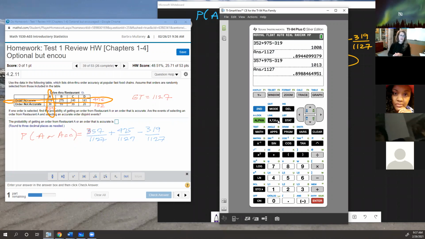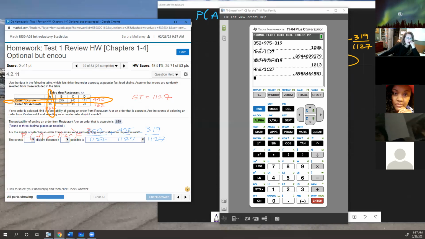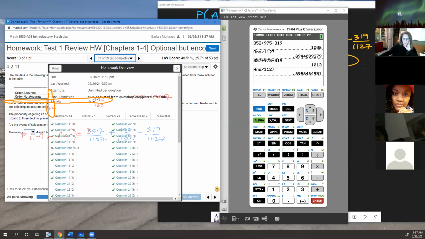Right, 0.8988. And then round that to the nearest 3 decimals, 0.899, right? Awesome. I had a 352 up there. It was supposed to be 357. Okay. That's 39. I'm going to clear my annotations.